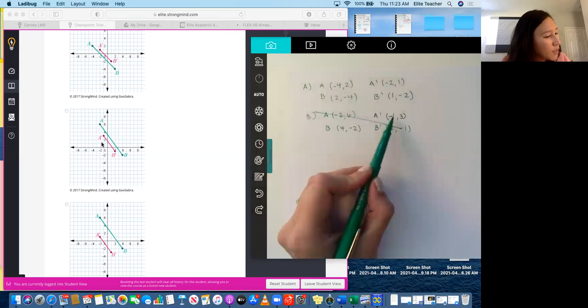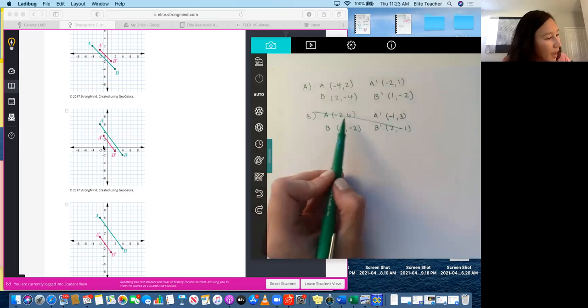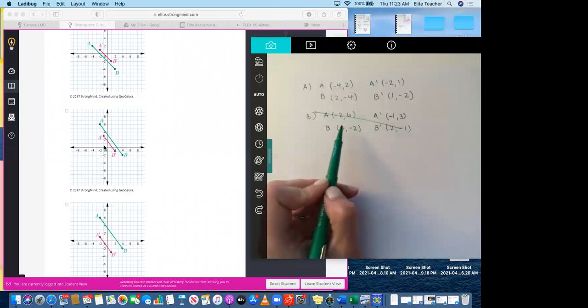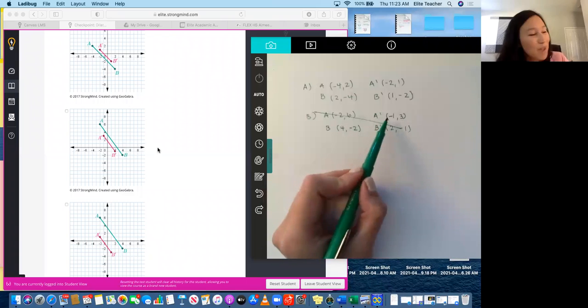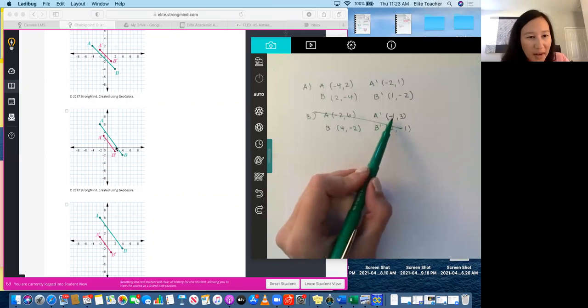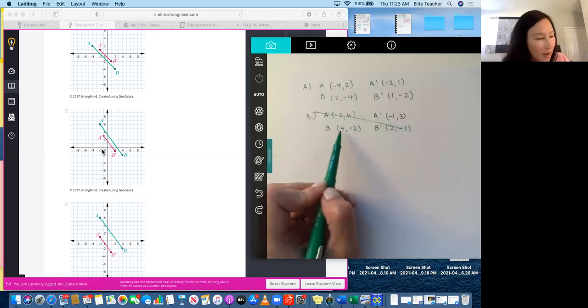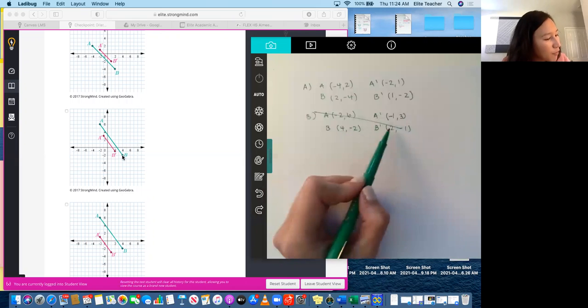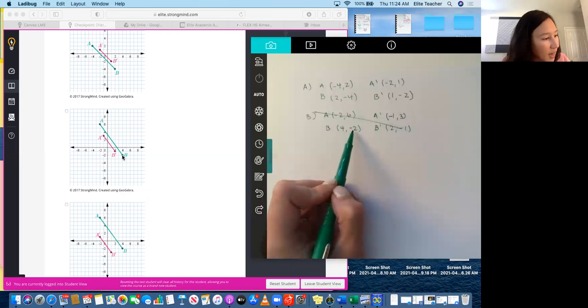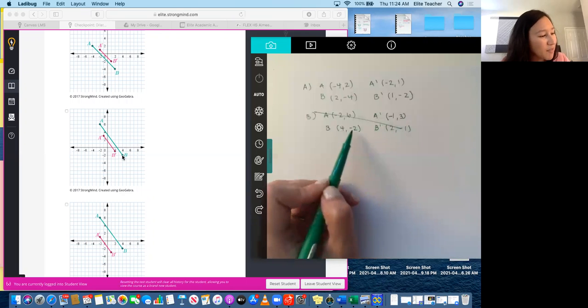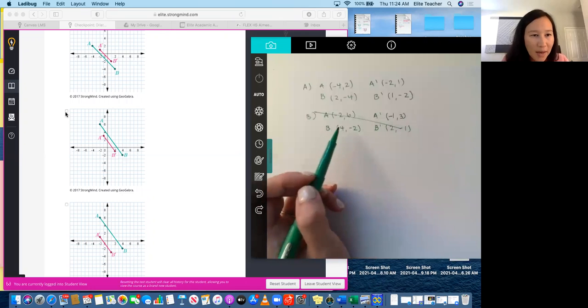So half of -2 is -1, and half of 6 is 3. A prime is at -1, 3. Then we have 4, -2. Half of 4 is 2, and half of -2 is -1. So it looks like that one is also correct.